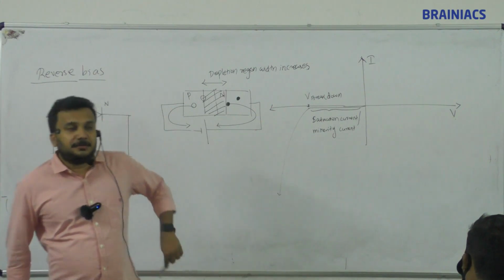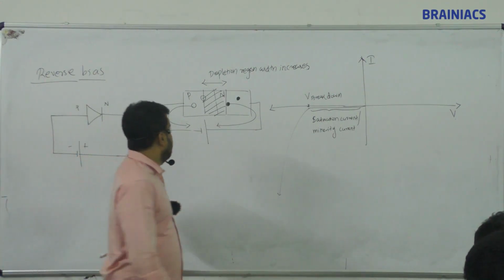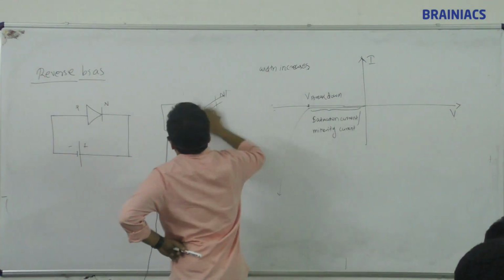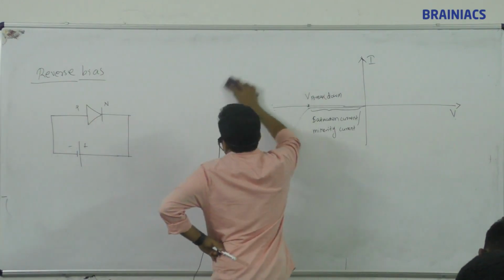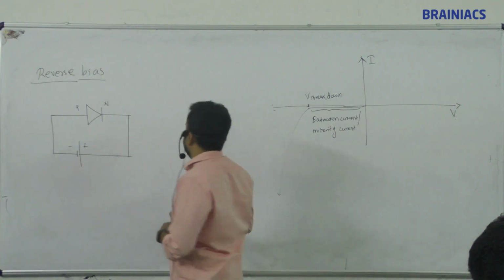Okay, next one. When the reverse voltage keeps on increasing, the depletion region width increases.